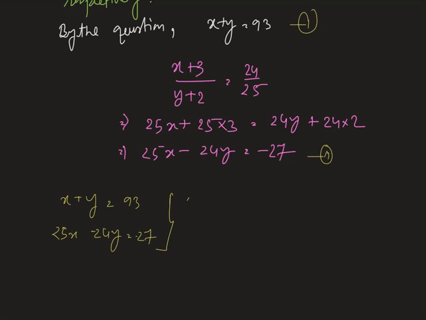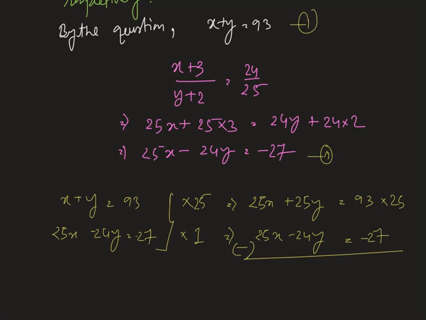If we multiply 25 with the first equation and 1 with the second, it results in 25x plus 25y is equal to 93 into 25, and the next equation is 25x minus 24y is equal to minus 27. So after subtraction we get 49y is equal to 93 into 25 plus 27.